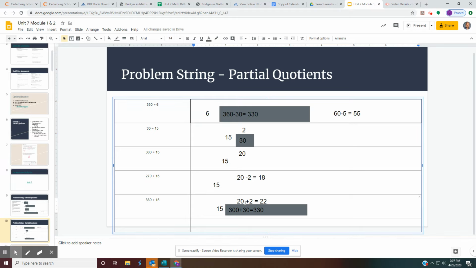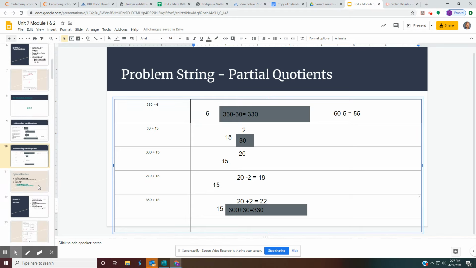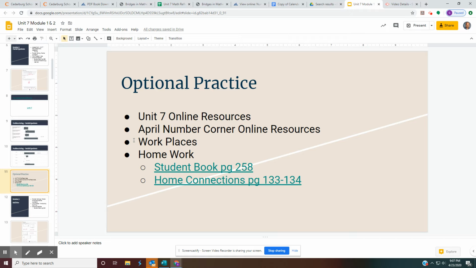Okay, now for the rest of the day, all you have to do, make sure that you have your Unit 7 reflection sheet done. You can continue to work on that April Number Corner online resources, or you may work on the May if you happen to be in May right now.